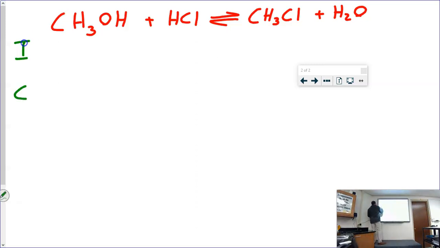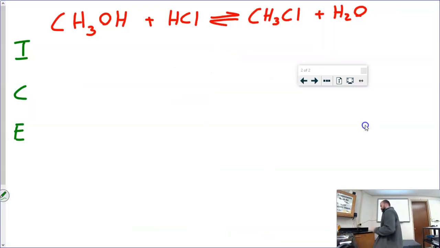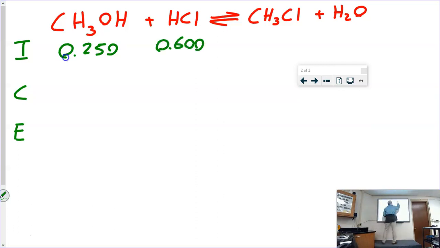I, C, E. Initially, the partial pressure of the methanol is 0.25. The partial pressure of the HCl is 0.6. And we have none of the products.